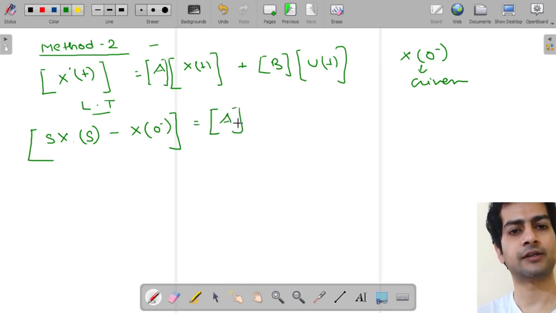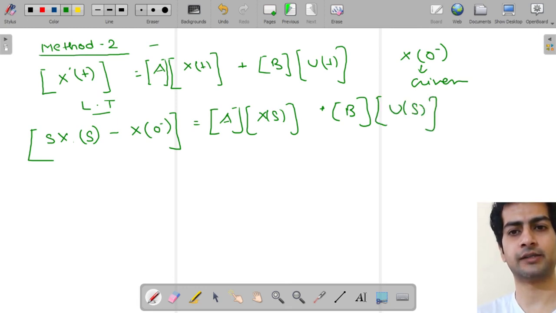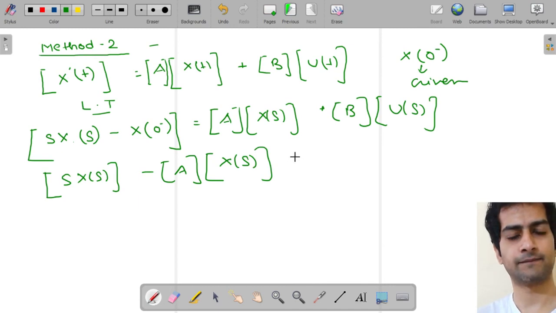Then here we will get A X(s), and here we will get B U(s). All are inside matrices only. Now we will do some shuffling, and then we will get something like this. Take it in LHS side. Take the initial condition in RHS side.